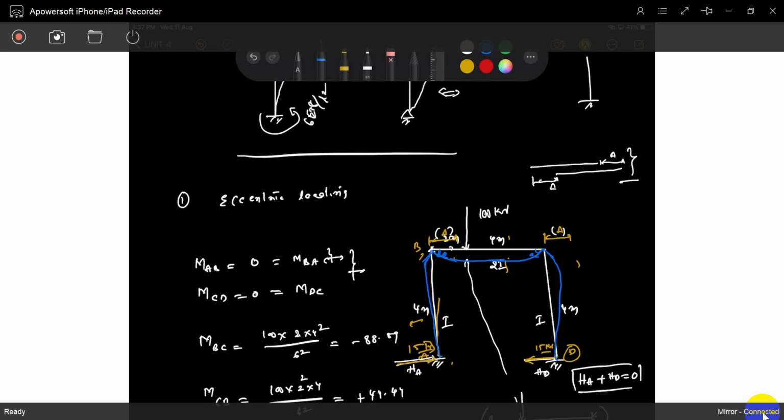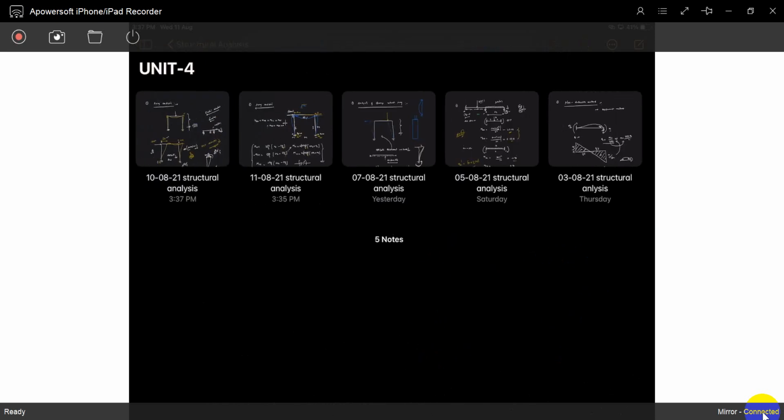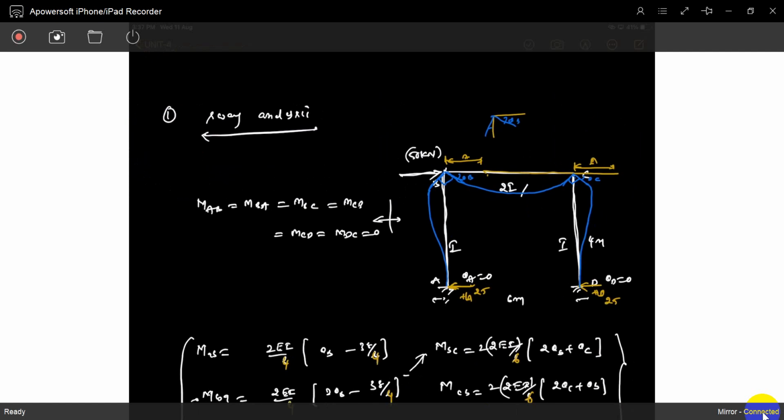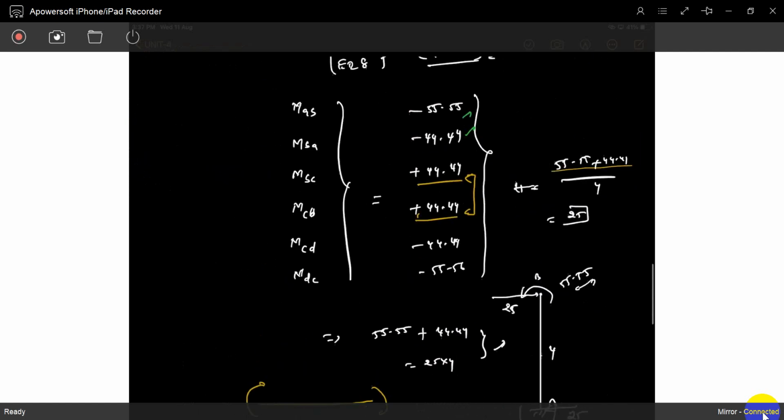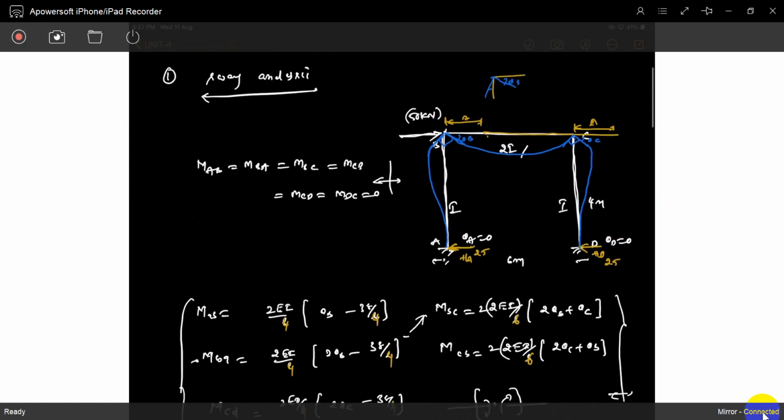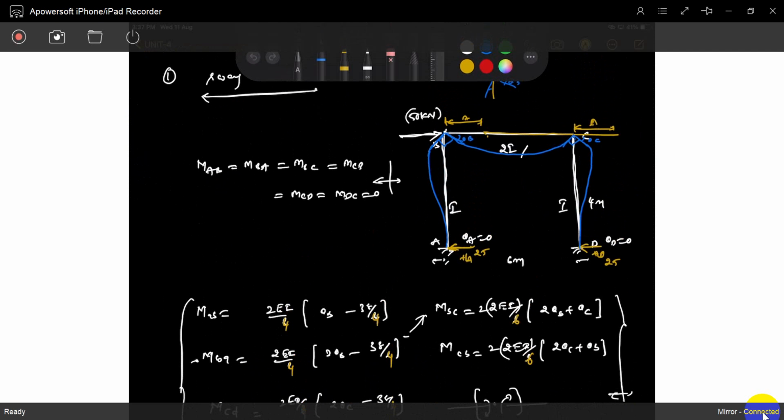Sir, what is the difference between the previous and today? This you can draw. Today you will see, both are clockwise, no? So both are clockwise. We wrote it wrong, so that's why I have to correct it.